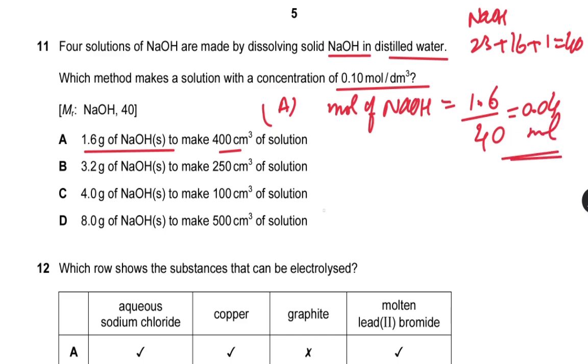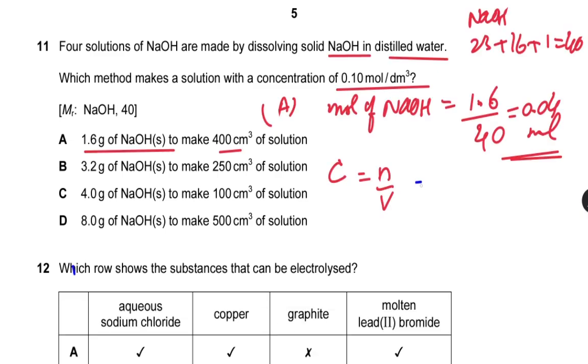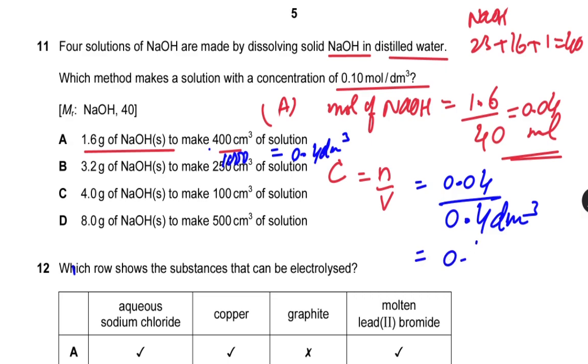Now concentration is moles over volume. Moles we have calculated 0.04. We divide 400 by 1000 to get 0.4 decimeter cube. Dividing by 0.4 decimeter cube, the answer will be 0.1 mole per decimeter cube.